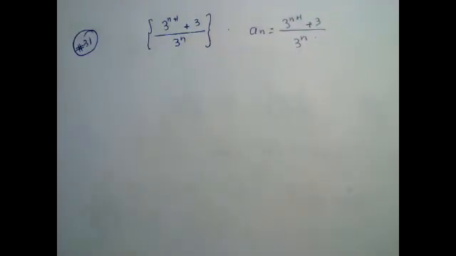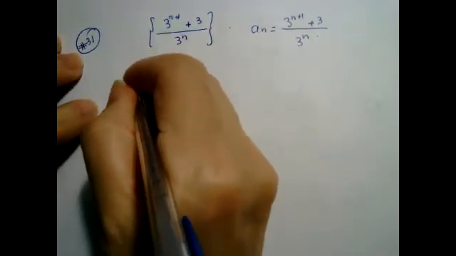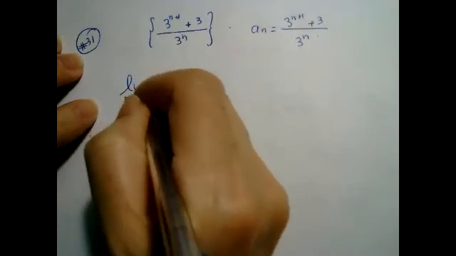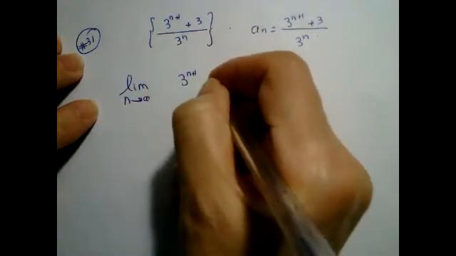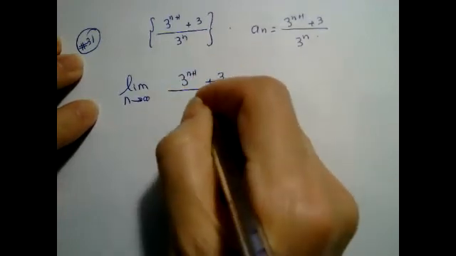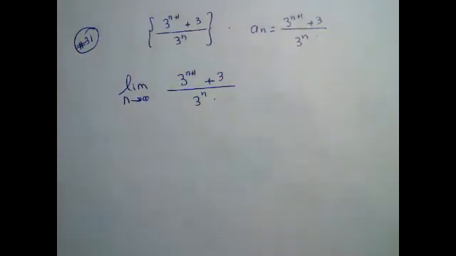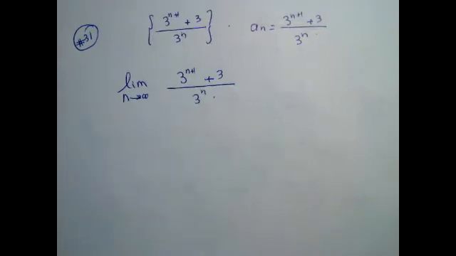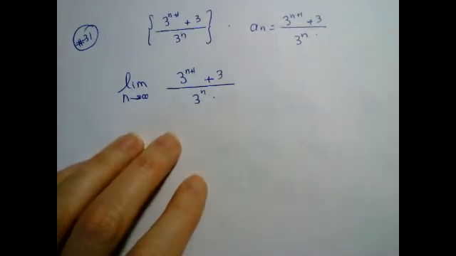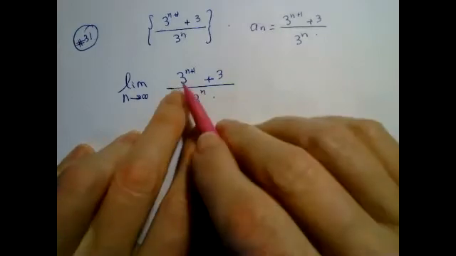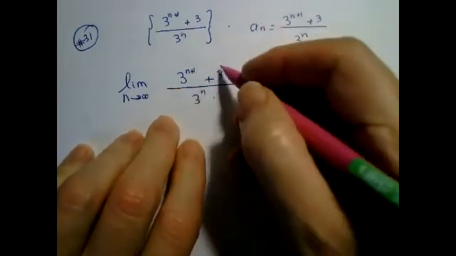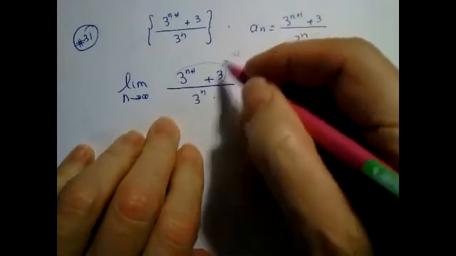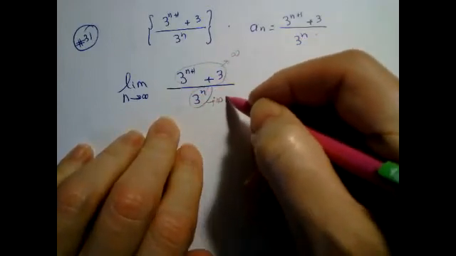And the question again: what happens when n goes to infinity? Again, we need to find the limit as n goes to infinity of this expression. When n becomes very large, you have a number 3 raised to a larger and larger power. So this numerator will go to infinity and the denominator also will go to infinity.